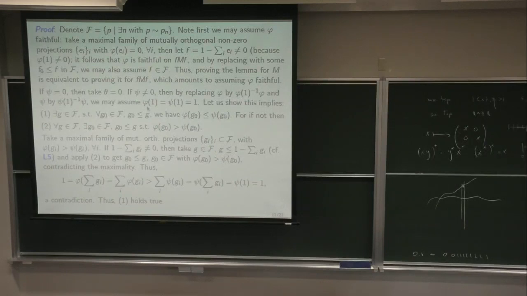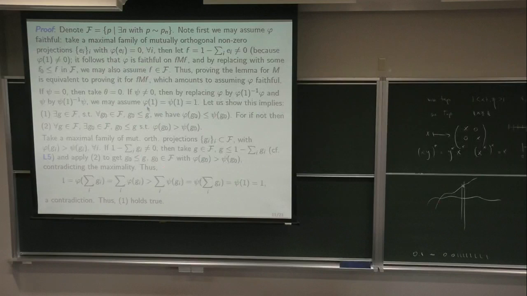You take a maximal family of mutually orthogonal gi with this property, phi of gi larger than psi of gi. If 1 minus the sum of this maximal family is not zero, then you take a g in F less than this, by Lemma 5, and apply 2, to get a g0 in F under it with phi larger than psi, and of course it contradicts the maximality.